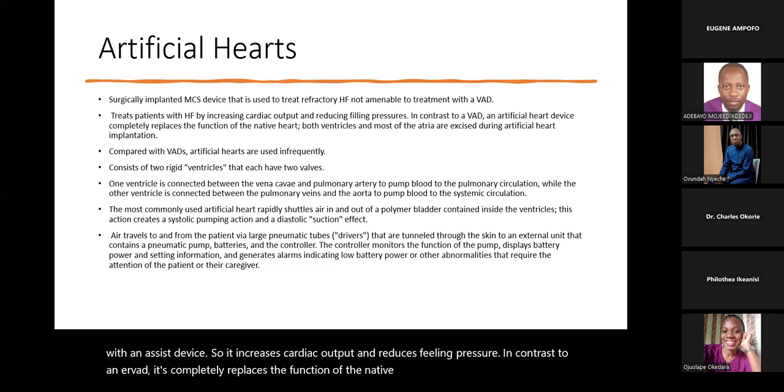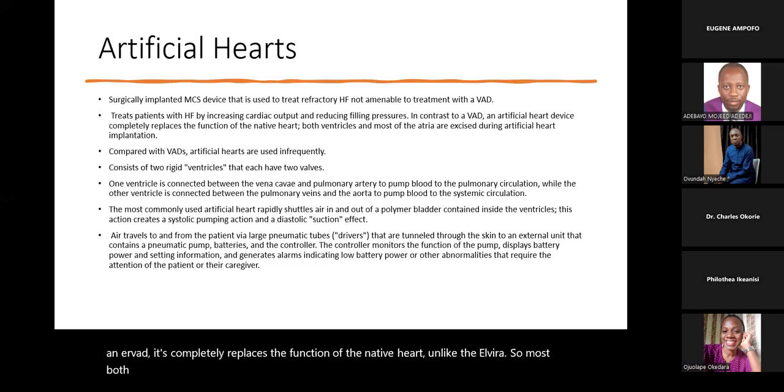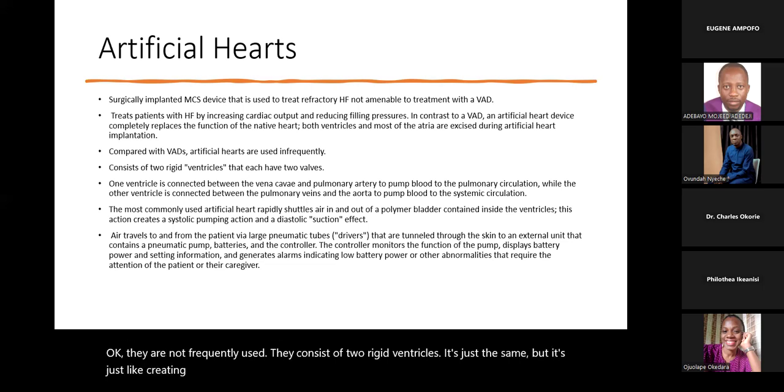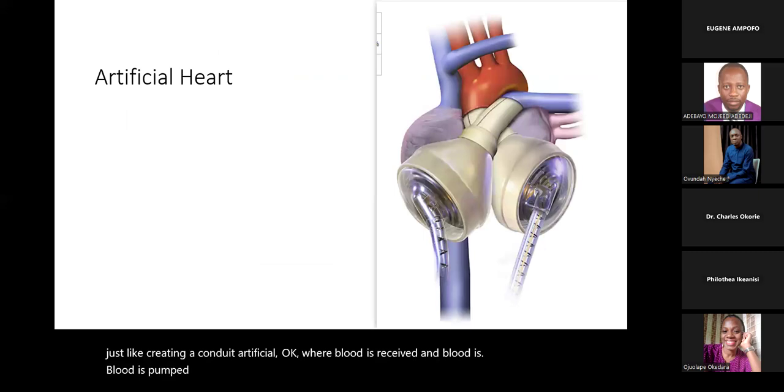So both ventricles and most of the atria are excised. They are not frequently used. They consist of two rigid ventricles. It's just like creating a conduit artificially, where blood is received and blood is pumped out. This is how an artificial heart looks.